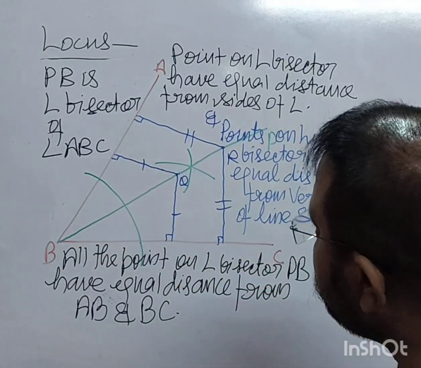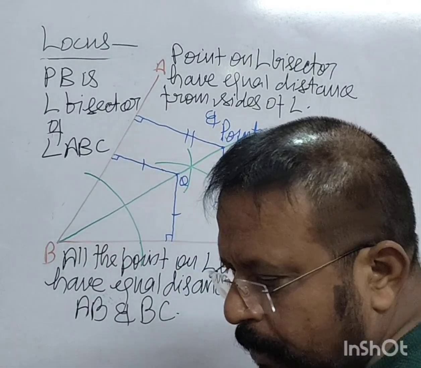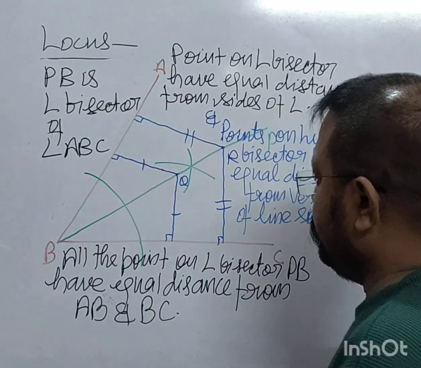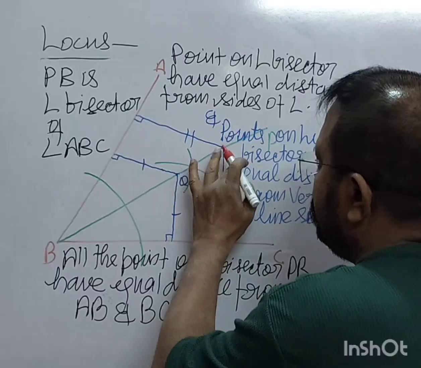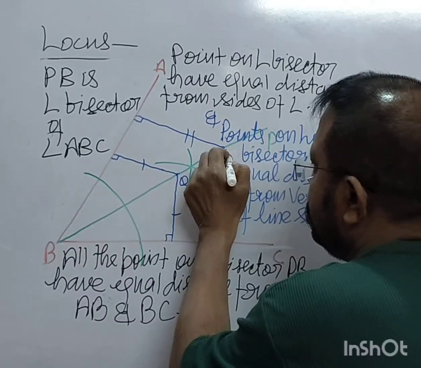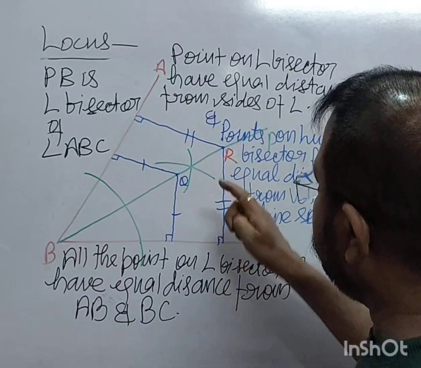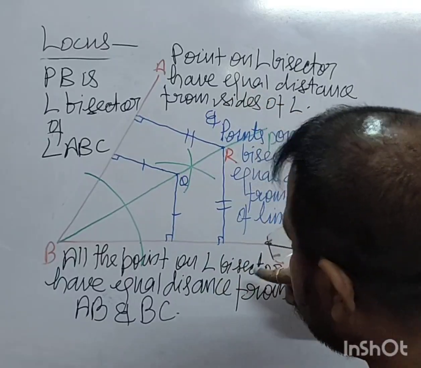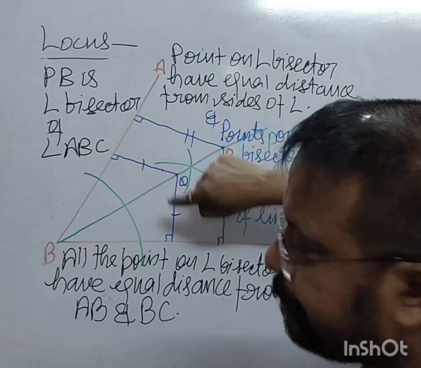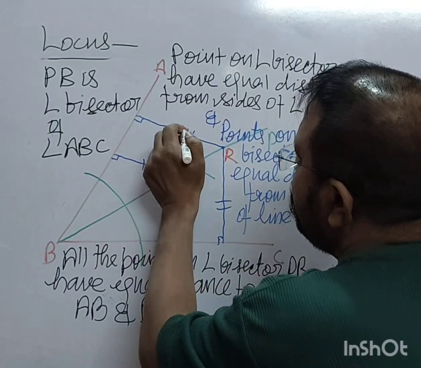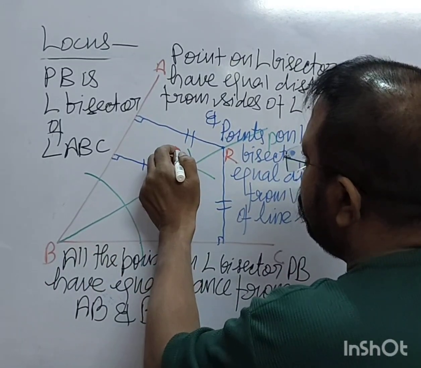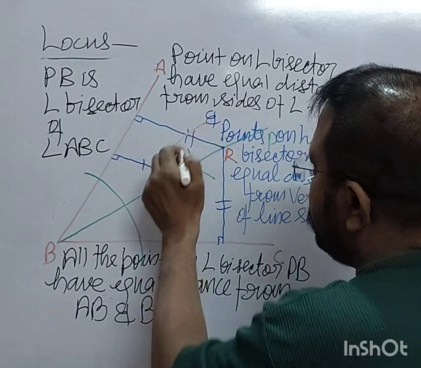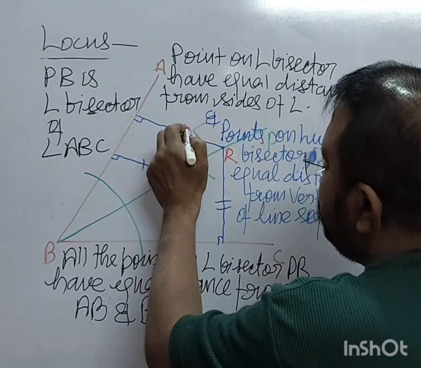This is the line segment. If this is the line segment, right? So I should write this R with this color because they are matching. So this is the line, this is BC. If I draw a line, so we have taken the same thing. We have the angle bisector like this, and I take like this.